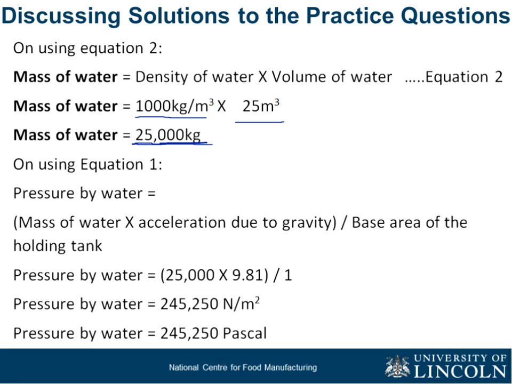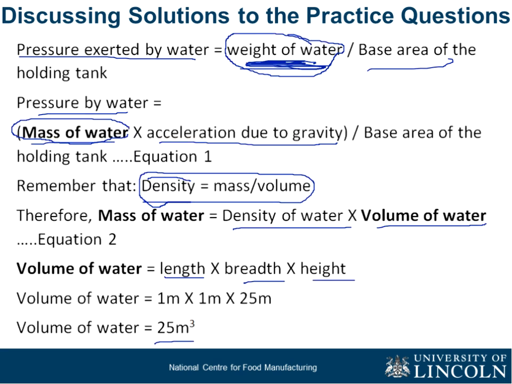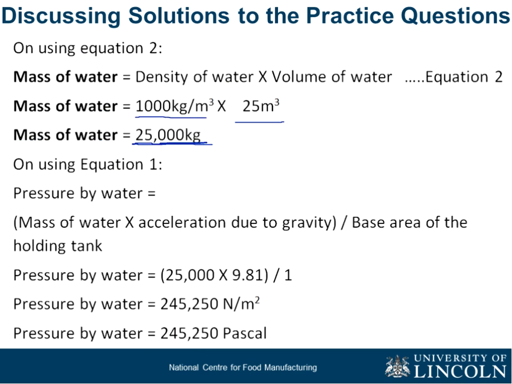All you need to know is this formula: density equals mass over volume. If you remember this formula, you are fine. Know the density of the product you are talking about. If you know the density of the product, you can talk in mass, you can talk in volume for that same product. So let's take note of that.